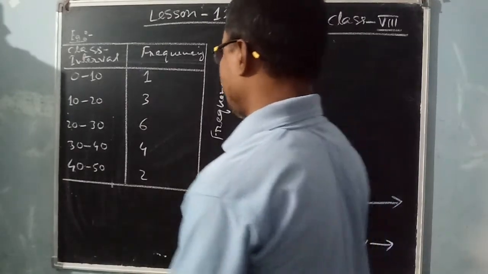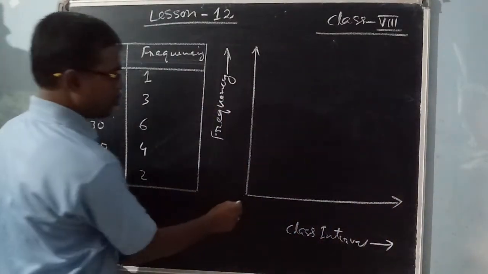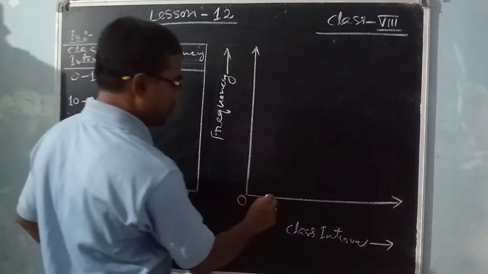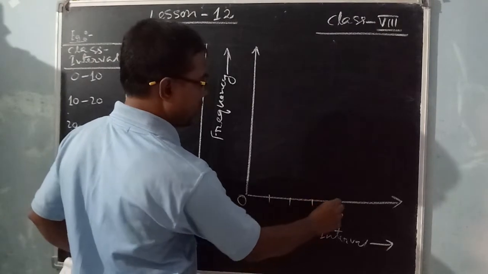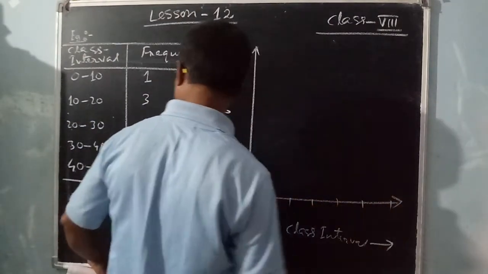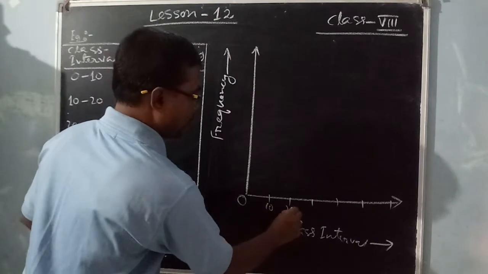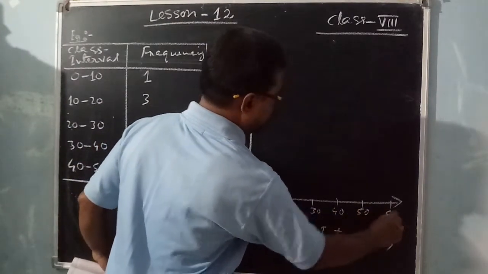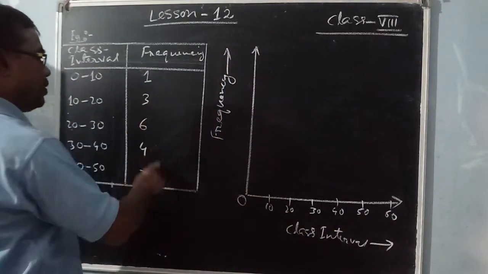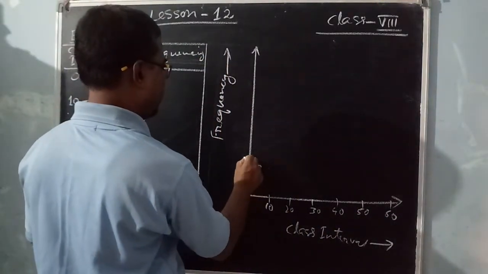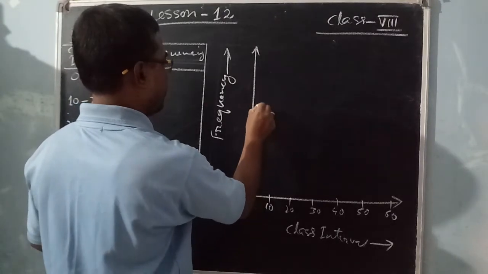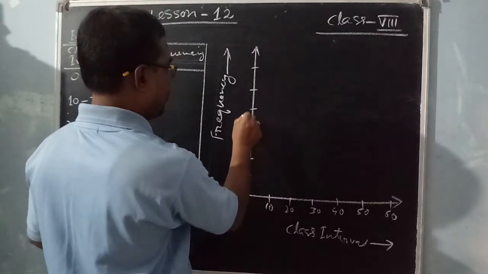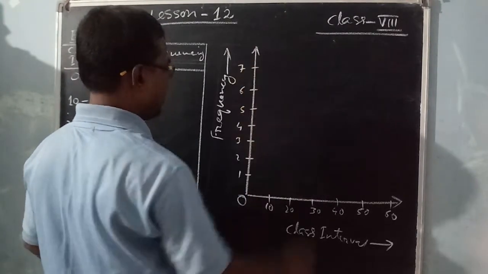Class interval starts from 0, so this is 0, then 10, 20, 30, 40, 50, 60, and so on. On this side we will put frequency: 1, 2, 3, 4, 5, 6, 7, and so on.